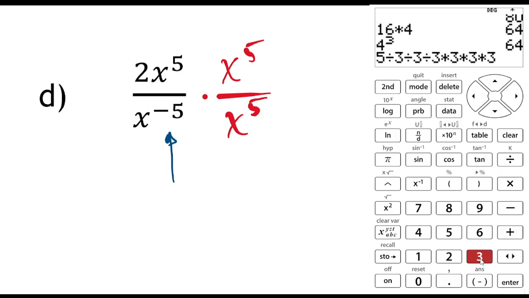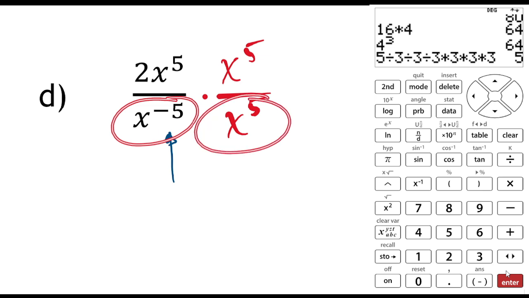Look, 5 divided by 3 factors of 3 and then multiplied by 3 factors of 3 is going to be exactly, surprise, 5. So I can see that I've got the number 1 down there. I divide by x 5 times, and then I multiply by x 5 times. What do I get? I just get the number 1.